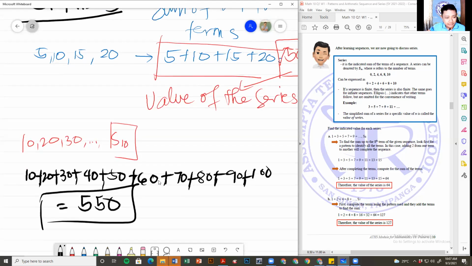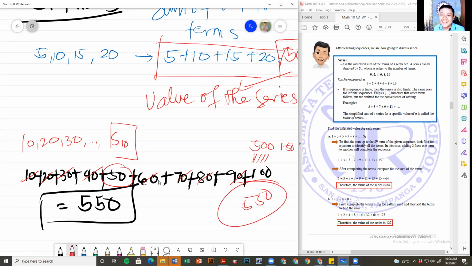Tingnan nga natin just to verify. Hindi ako nagka-calculator eh. 90 and 10, 100. Pangalawang 100 na yon. 80 and 20, 100, pangatlo. 30, 70, pangapat. 40, 60, panglima. May natitirang 50. So 500 plus 50, 550. That's it. 550 nga, sir. Very good. Ayun. Thank you.